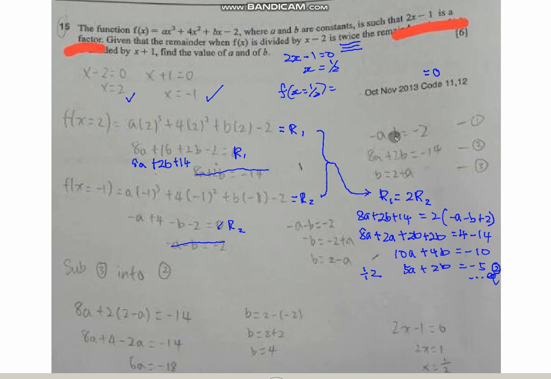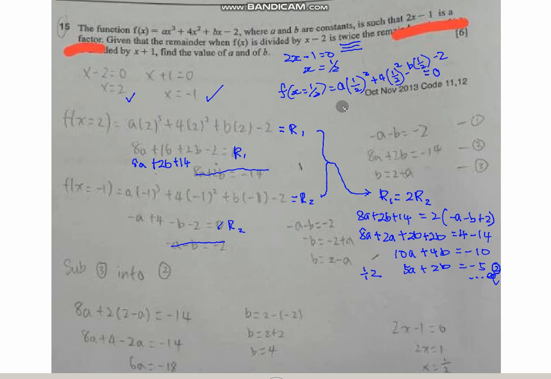Now let's go back to this one where x equal to half. So a times half cube plus 4 times 1 over 2 squared, minus b times half, minus 2.